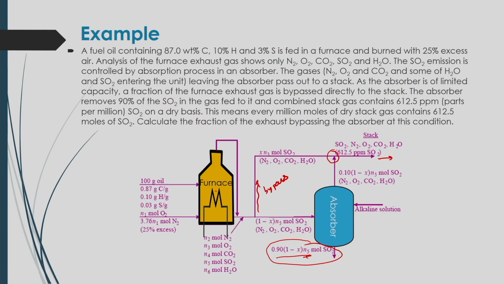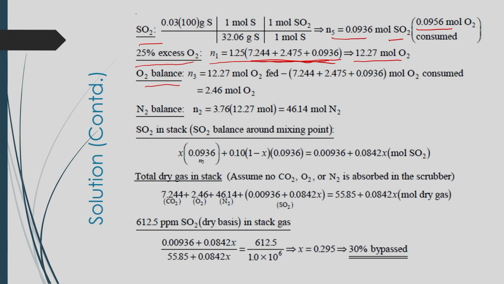We can write that this amount will be equal to 12.27, which is the excess feed of oxygen, minus the required amount, which is 7.244 plus 2.475 and 0.0936, as per the oxygen consumption based on the reaction. So, accordingly, this oxygen balance, N3, which is coming out as unreacted oxygen, will be equal to 2.46 mole of oxygen.